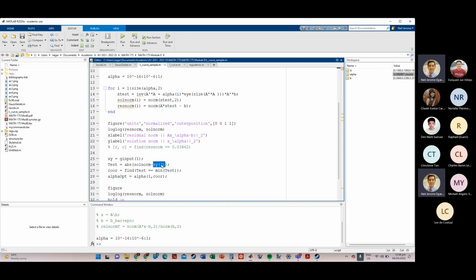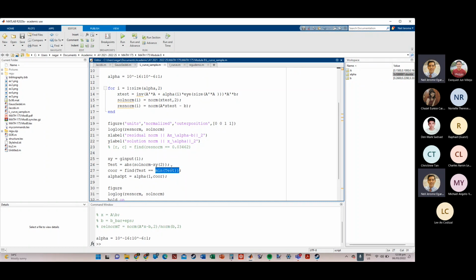I-compare ko ngayon dun sa vector ng mga solution norms, ano yung entry na pinakamalapit doon sa kinlik ko na y component. So yun yung itetest nung vector na test. Tapos ngayon hanapin ko ano yung coordinates nung point na may pinakamaliit na distance mula dun sa naklik ko na point. Para mahanap niya pang ilang alpha yung nakapagbigay ng solution norm na pinakamalapit dun sa kinlik ko na point dun sa L curve.